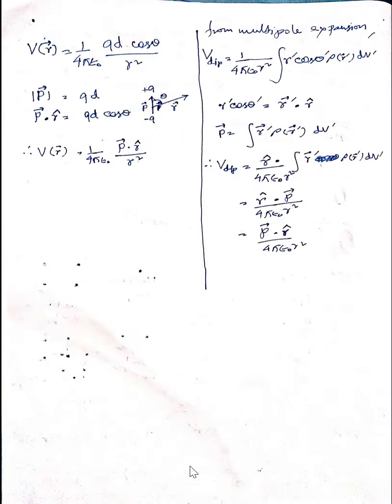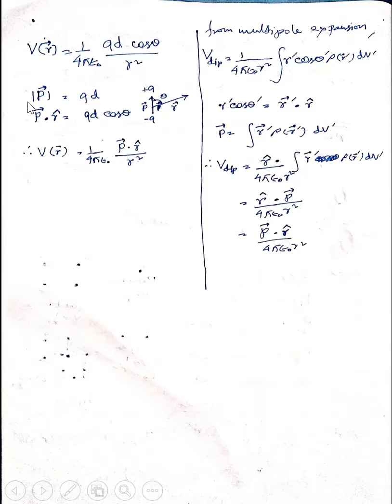Okay, let's see. So this left-hand portion is from the direct calculation, and this right-hand portion is from the multipole expansion. So let's first treat the left-hand side.